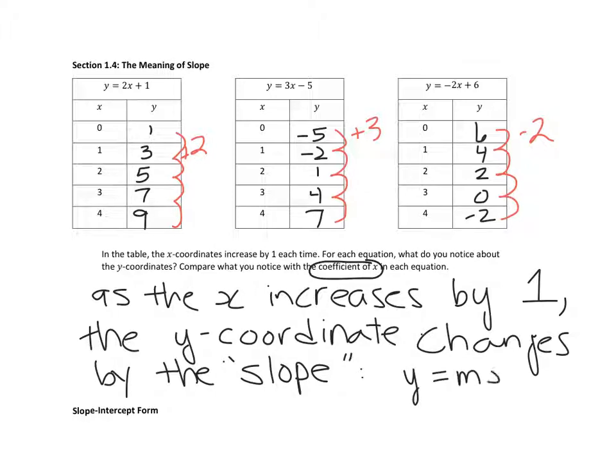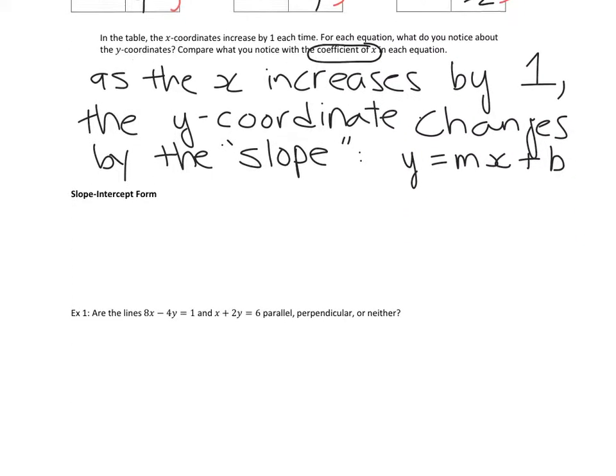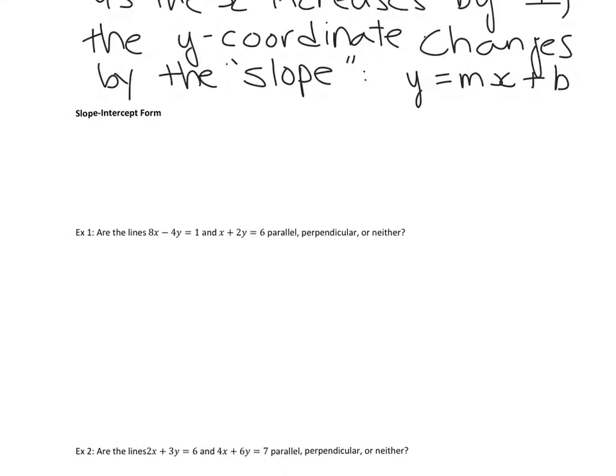we've seen this form before, perhaps, y equals mx plus b. We looked at the standard form of a line, ax plus by is equal to c, and now we have slope-intercept form. Slope-intercept form is this y equals mx plus b. It's called slope-intercept form because m is that slope, that change.